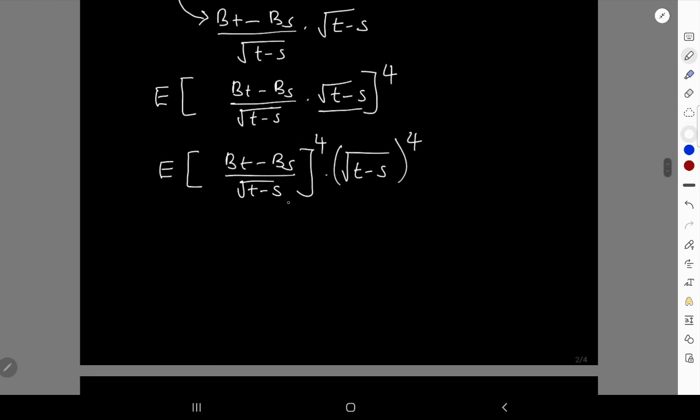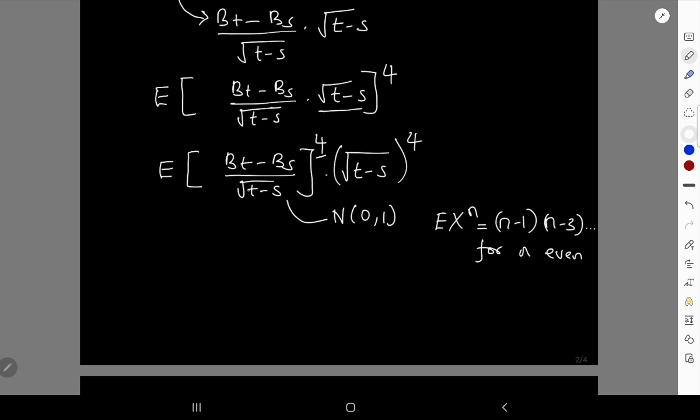Now this is standard normal, and we know the moments of the standard normal. If X is standard normal, its moments are given by (n minus 1) multiplied by (n minus 3), and so on, for n even; if n is odd, it is 0. So for n even, we take that.